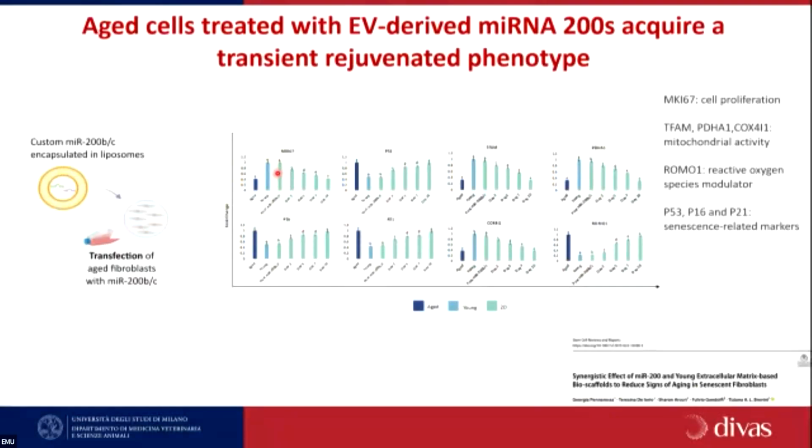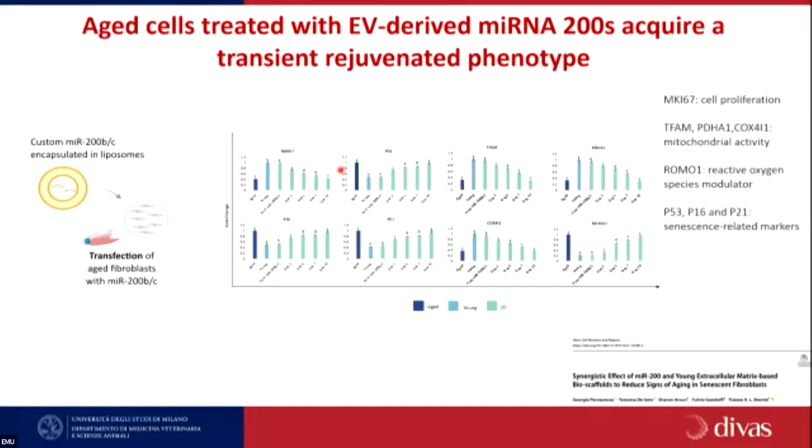What I could add is that, as Sharon told you, the rejuvenating effect of the miR-200 family is very evident and statistically significant, but it's quickly lost. Within 1 week, cells go back to what they were before the exposure.